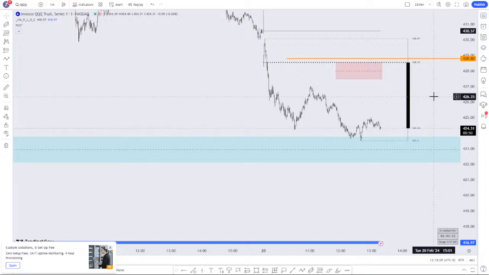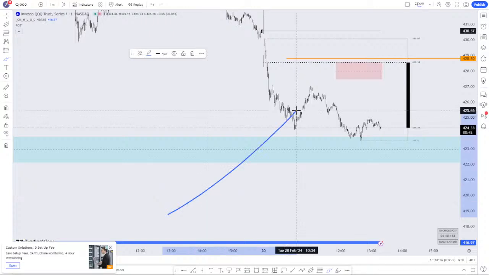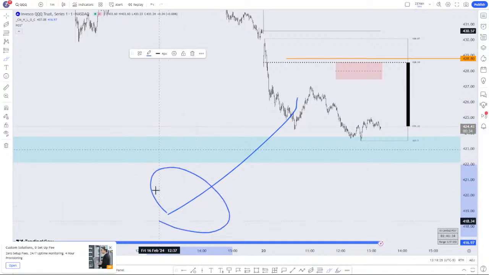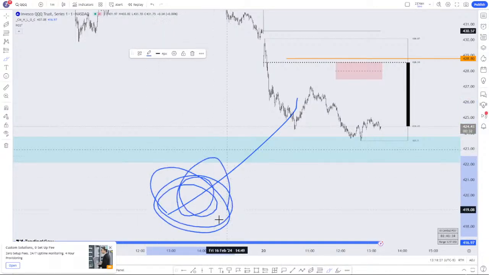Why is it easy? Because whenever the price is moving like this now, it was initially like a coiled up snake.